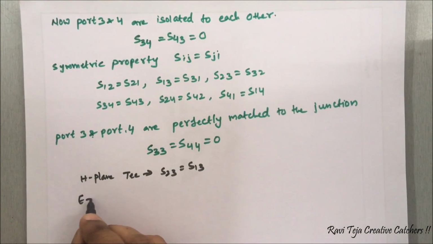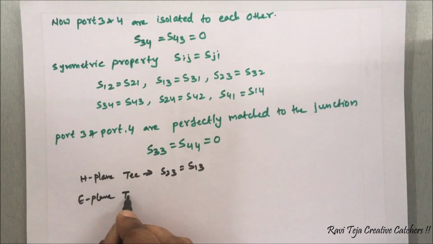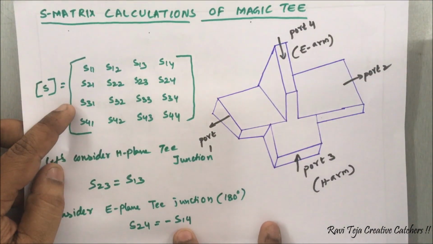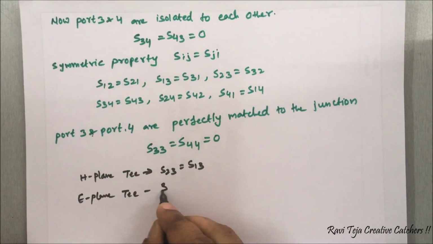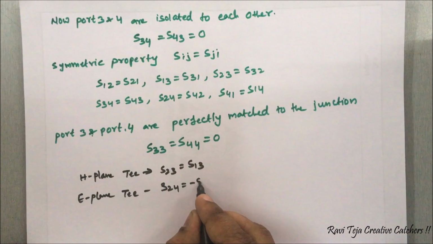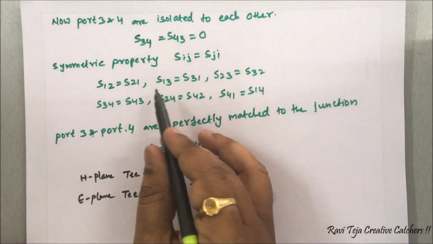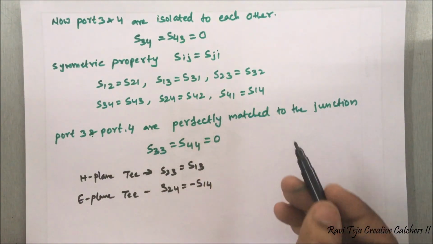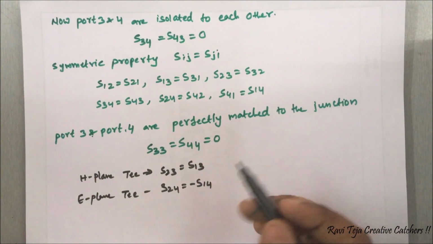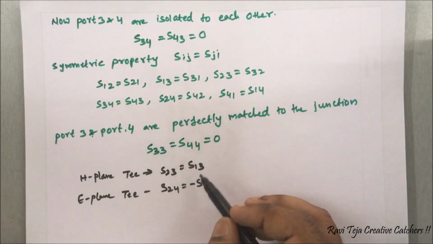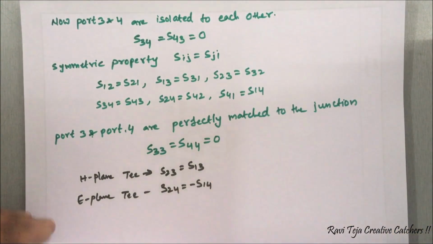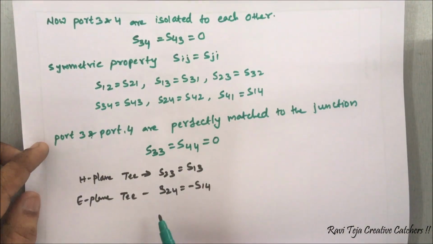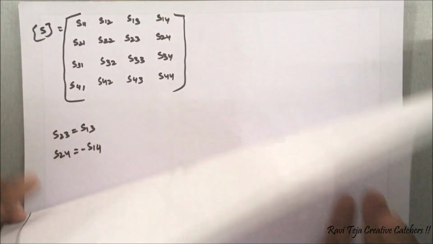From E plane T we have S24 is equal to minus of S14, and we have all these symmetric properties. Okay, from all these we will be converting our S matrix into this particular form. We will be substituting all these values in our S matrix.